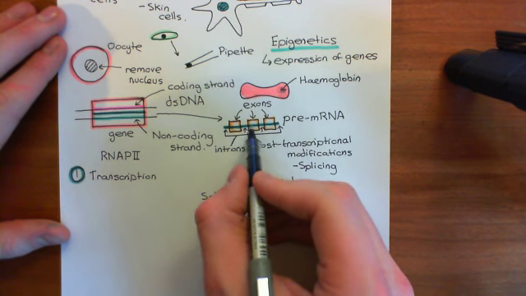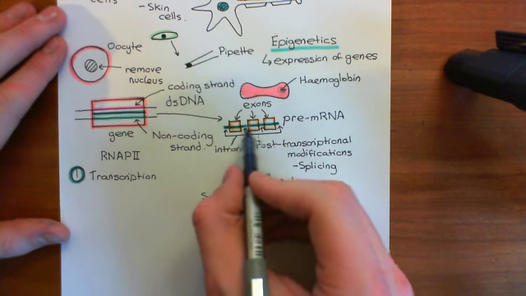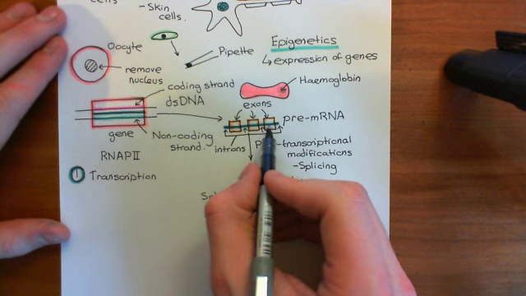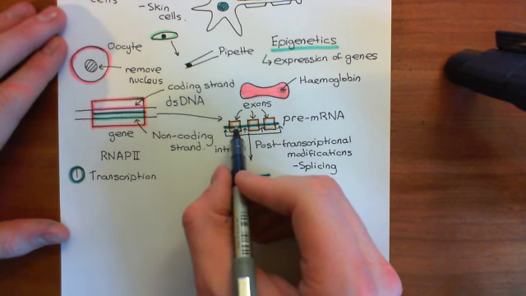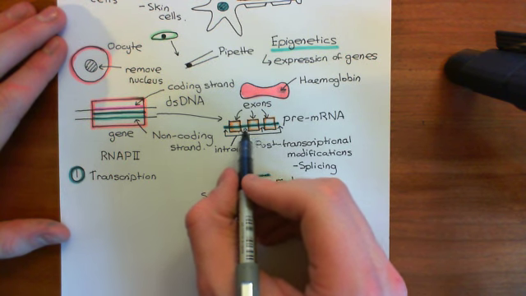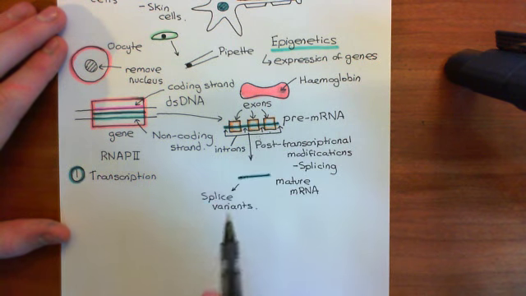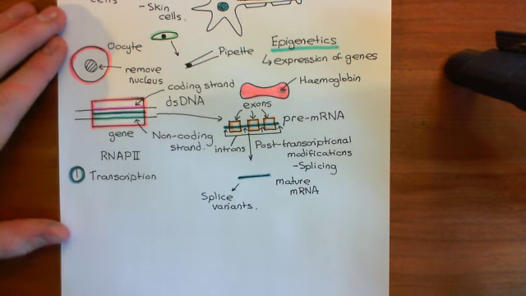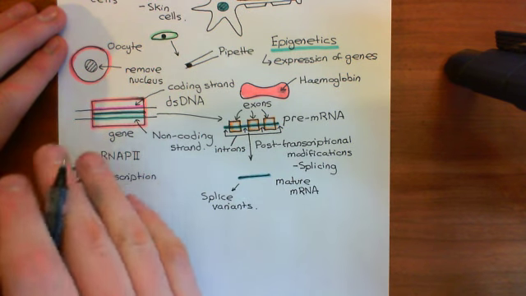You can either produce a mature mRNA where you have all three exons joined together, or you can produce a mature mRNA where you only have the first two and not the third one. So that produces two different types of mature mRNA from the same sequence of pre-mRNA, and therefore you can produce different proteins from the same gene effectively.